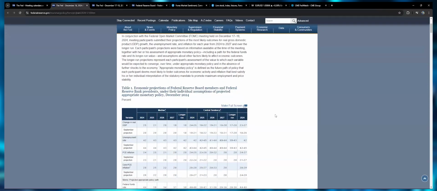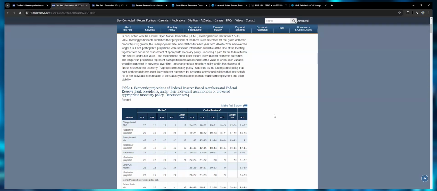The latest economic projections provide a window into how policymakers are viewing the economy's trajectory. For GDP growth, the median projection for 2024 was 2.5%, with a gradual slowdown expected in 2025, 2026, 2027, etc. It pretty much aligns with the Fed's long-term view that growth will converge around 1.8% annually, falling from 2.5% all the way to 1.8% in the longer run.